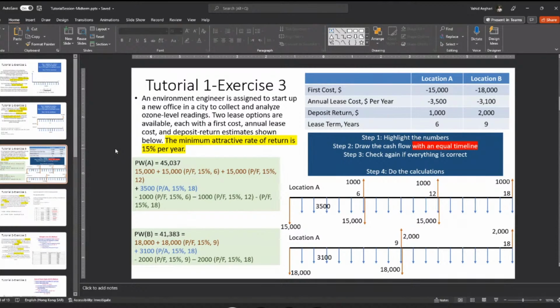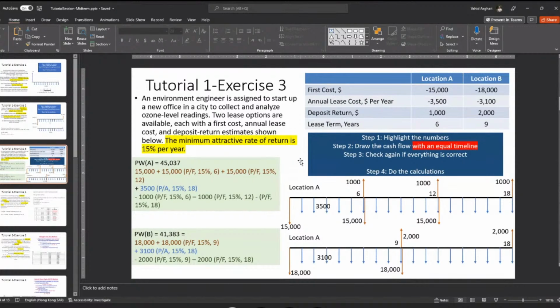If the lease term, the timeline, or whatever they call it, investment horizon, if the investment horizon of two options are different, we need to find another investment horizon that could be equal.